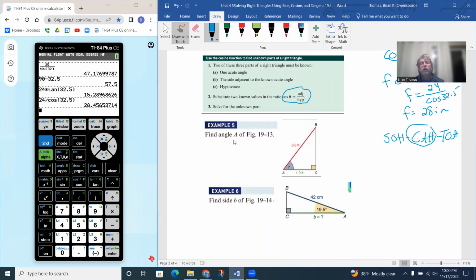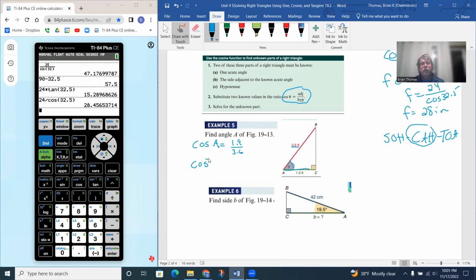If I'm looking to find the angle A, notice how the 1.9 is the adjacent side and the 3.6 is the hypotenuse. So that would be cosine. The cosine of angle A is going to equal 1.9 over 3.6. Now remember, to find the angle, we have to actually use the inverse.